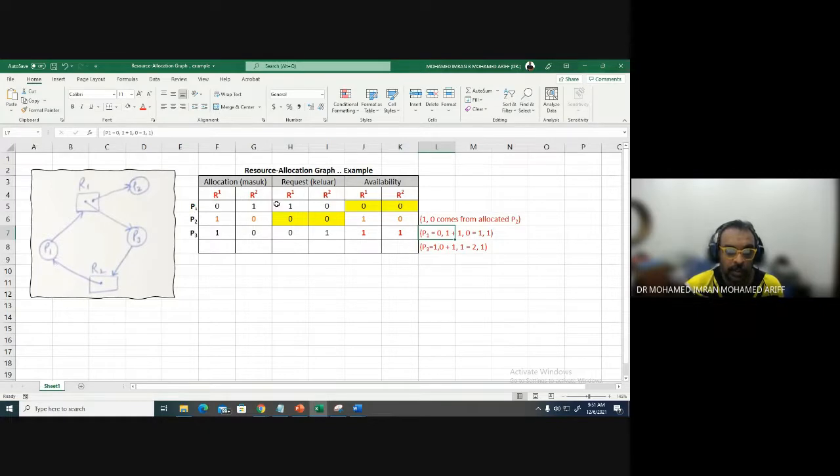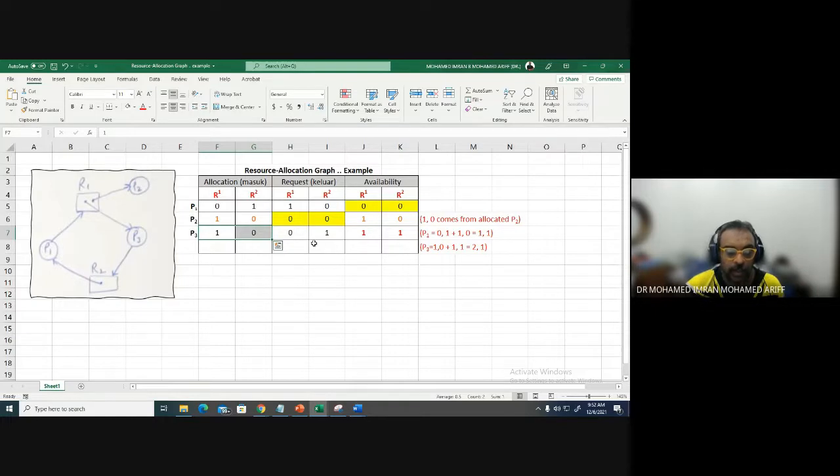Next, kita tengok kat sini. P3 tak jalan-jalan lagi. It only needs R2. Satu saja. Okay. But kita bagi dua-dua. 1 and 1. So dia dah diberi 1 and 0. Kita tambah lagi. So it becomes 1, 0 plus 1, 1 becomes 2, 1. So now proses 3 ni is running at 2, 1.